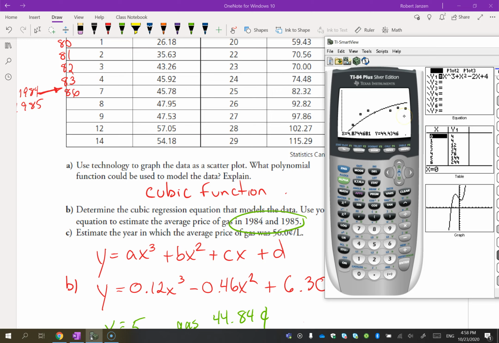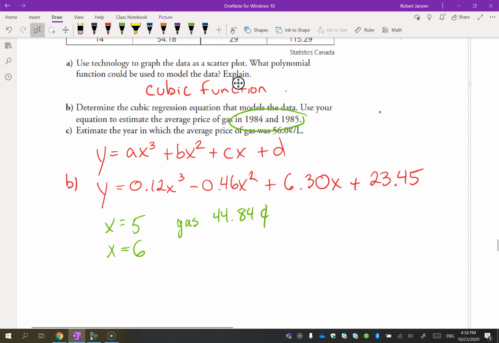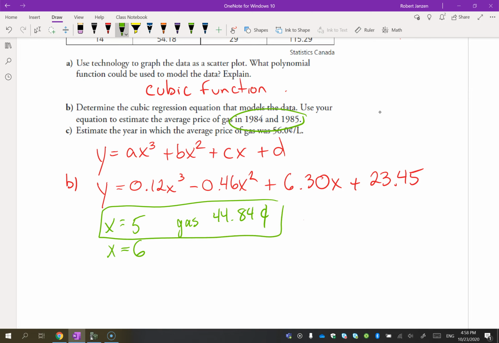We're estimating somewhere in between those two dots, and it happens that the line is below those dots. But we've shown why this is the answer, so this is a good answer. Remember, we are estimating. It might be a little bit off, but based on our data, that's what it is. You can also find it for x equals 6, but it should be pretty close to that.